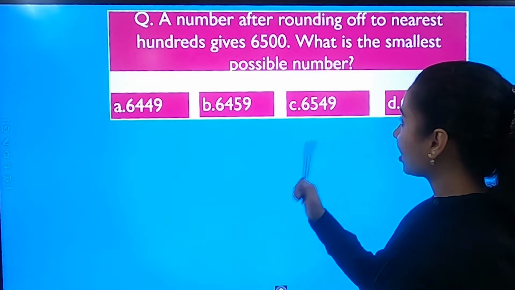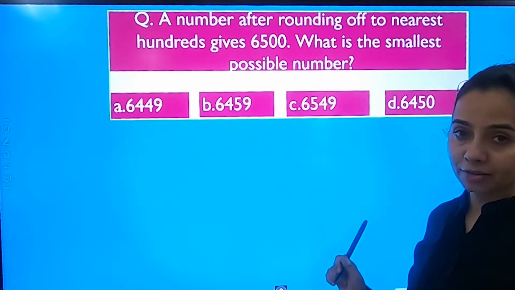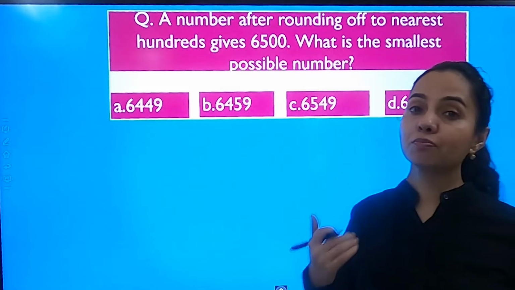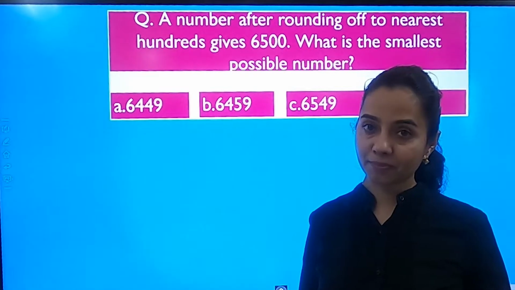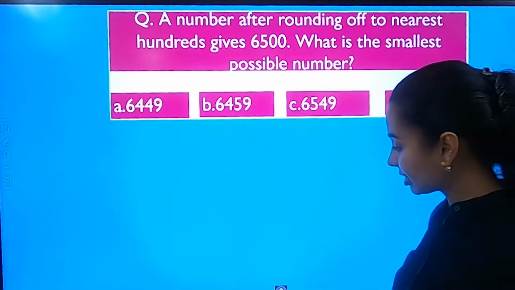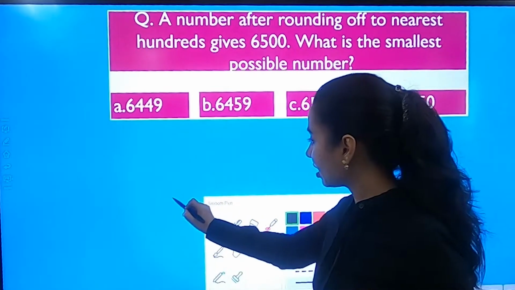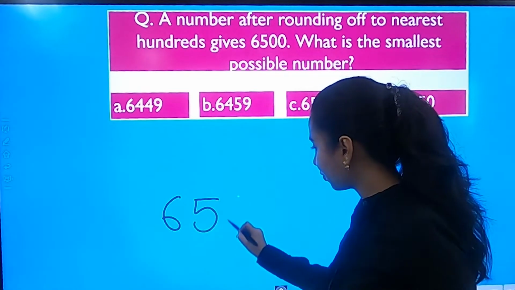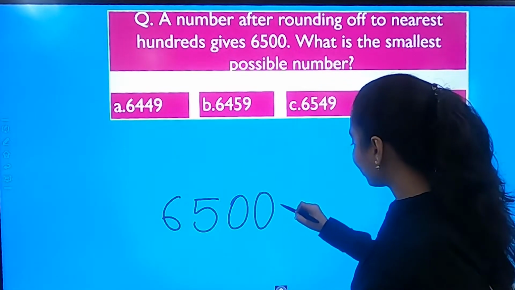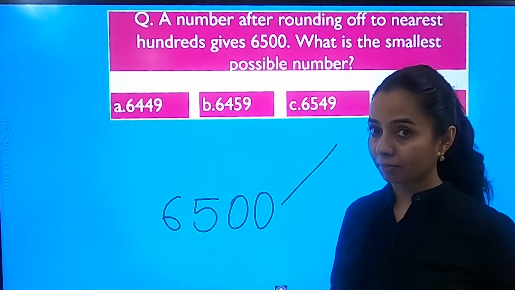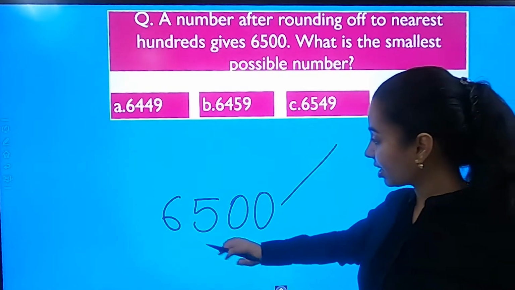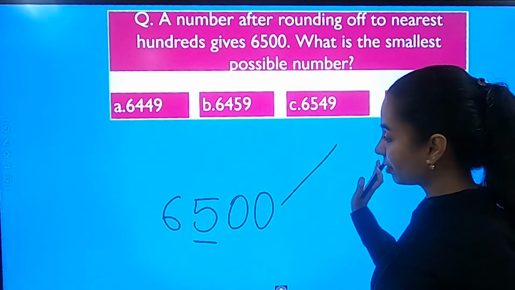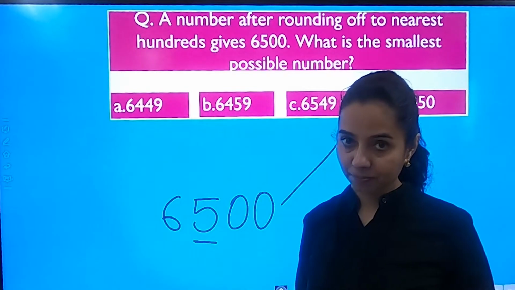This question says a number after rounding off to nearest hundreds gives 6,500. What is the smallest possible number? What does it mean? This time they have given us a number after rounding off, and we have to find out the original number which has given us this number when the original number was rounded off to nearest 100.